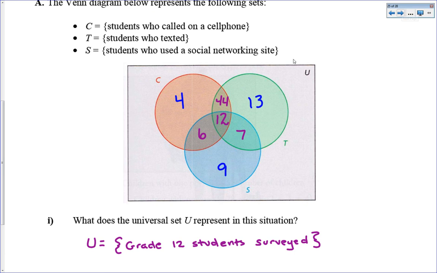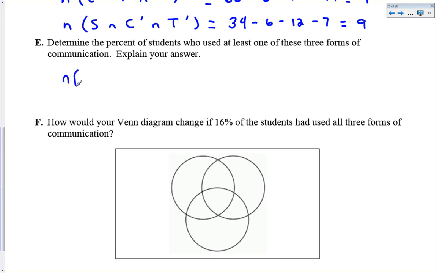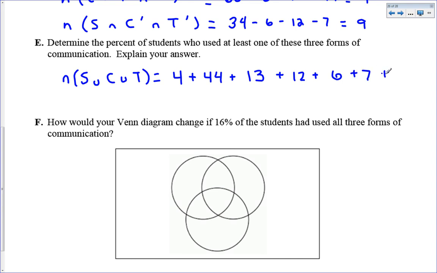So we're just adding up all of our numbers together. 4 plus 44 plus 13 plus 12 plus 6 plus 7 plus 9, which will give us 95%, right?